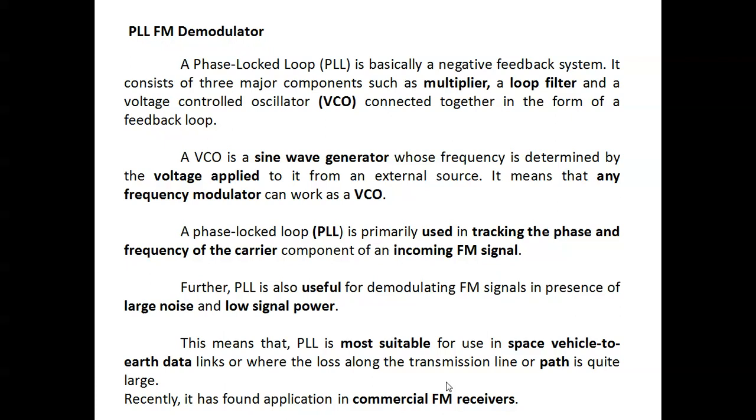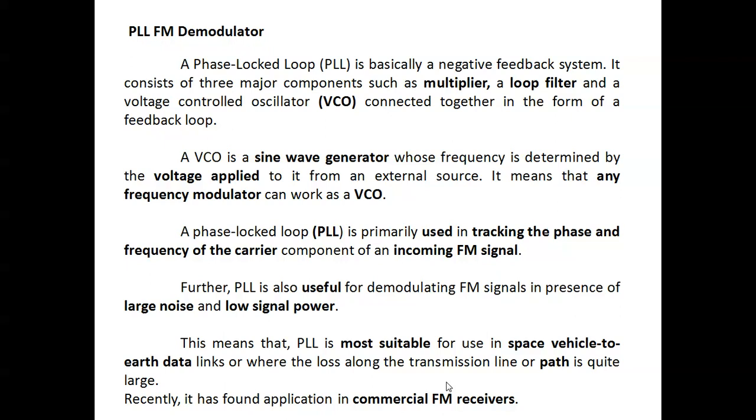The voltage control oscillator is connected together with the feedback loop. The VCO is a sine wave generator, with voltage applied from an external source. The VCO frequency is proportional to the input voltage.